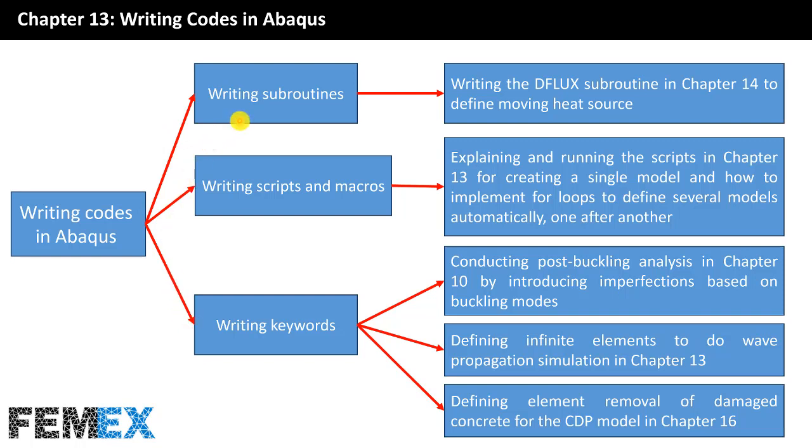About writing subroutines, I have written the dflux subroutine in chapter 14 to define moving heat source. And about writing scripts and macros, I have explained and ran the scripts in chapter 13 for creating a single model and how to implement for loops to define several models automatically one after another.